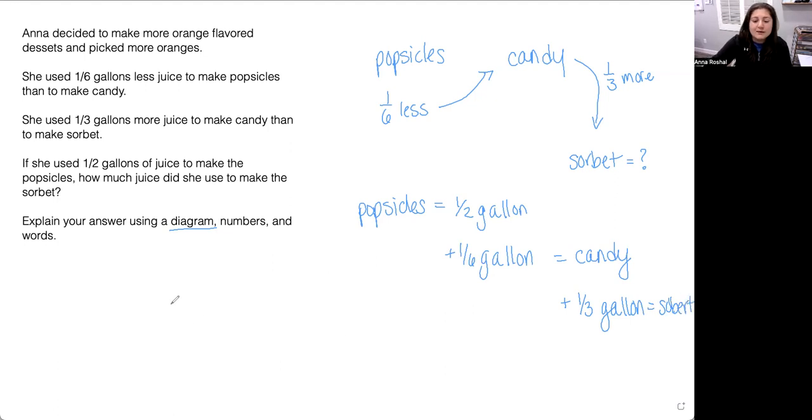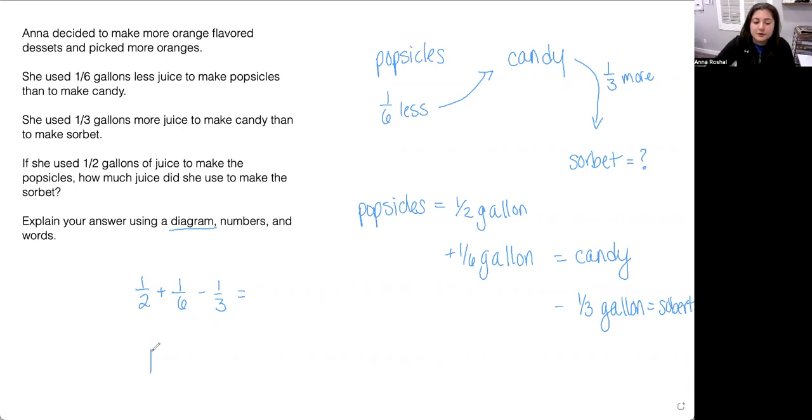So more than likely, I can simply say 1/2 plus 1/6 plus 1/3. Oh, hold on. She used 1/3 more. Okay. So just kidding. Since it's more, we're not going to add, we're going to subtract that 1/3. So that's the math that we're going to try to do.